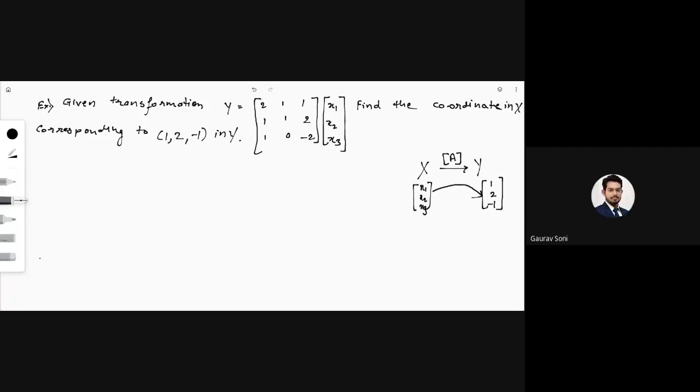Yes, exactly. So we will write down the matrix A: 2, 1, 1; 1, 1, 2; 1, 0, -2. We don't know x1, x2, x3, but that is the vector which is mapping to (1, 2, -1).